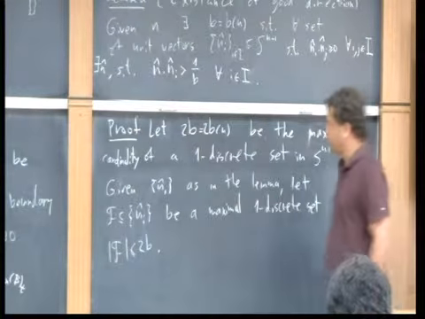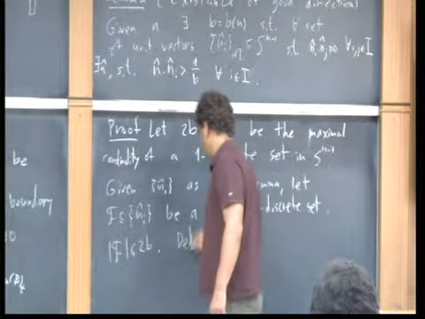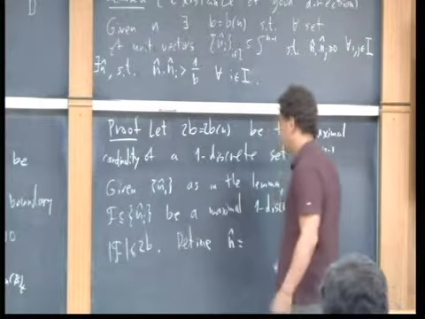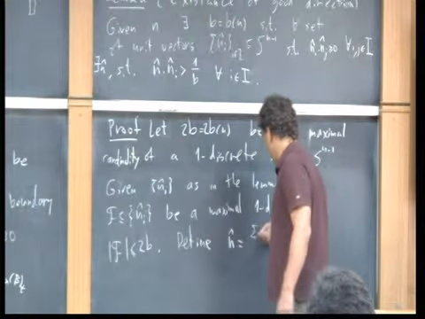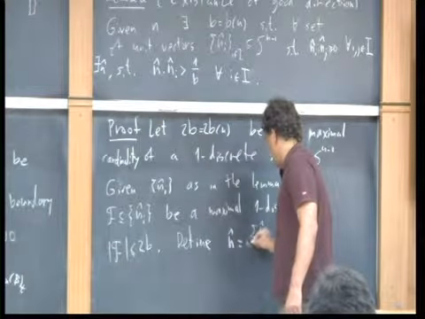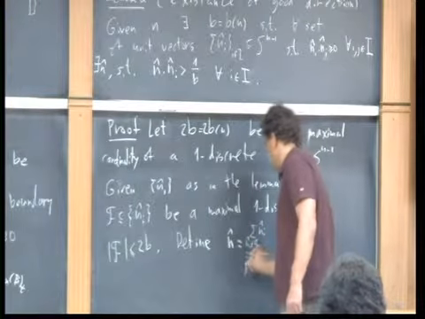And I will tell you what n is. Define n to be the sum of n_i over i in F, and then you have to normalize.